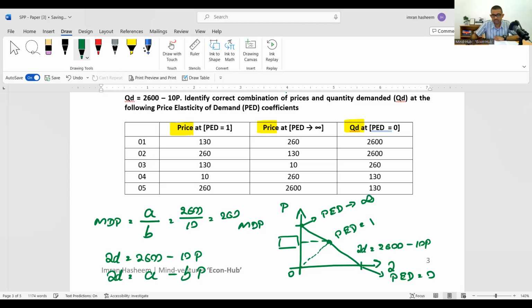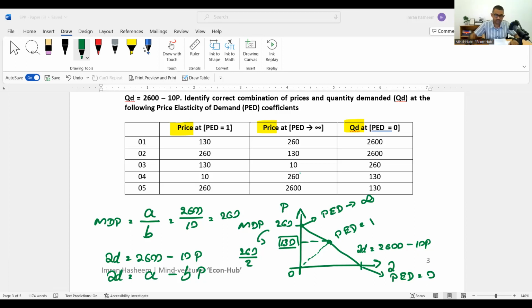So bring 260 here. If this is 260, half of 260 is the exact midpoint price here, 130. Are we okay? It should be 130. Yes, the A component divided by the B component. Very good. So 130.